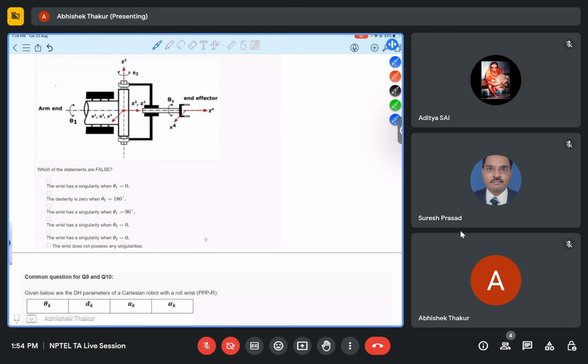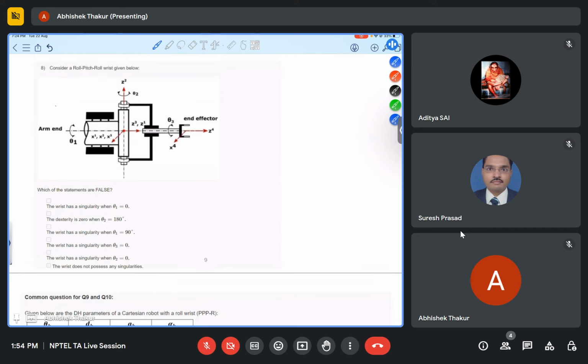We know that the dexterity is 0 when this theta 2 value is 0 degrees, or it is pi. So the dexterity is 0 when theta 2 is equal to 180 degrees, which is correct, and also when theta 2 is equal to 0. So the correct options are B and E in this question.